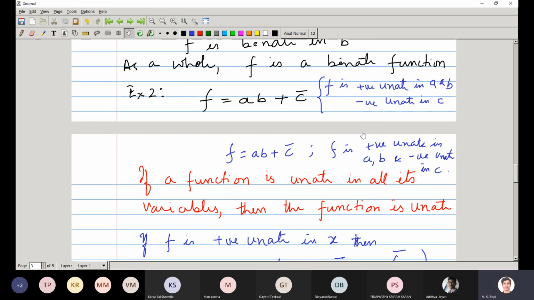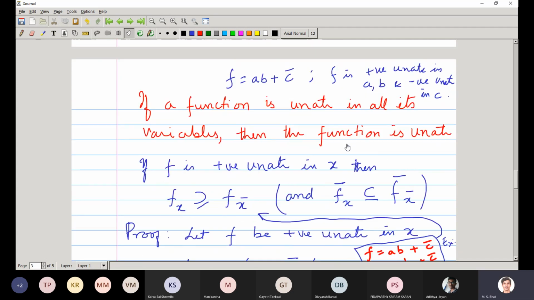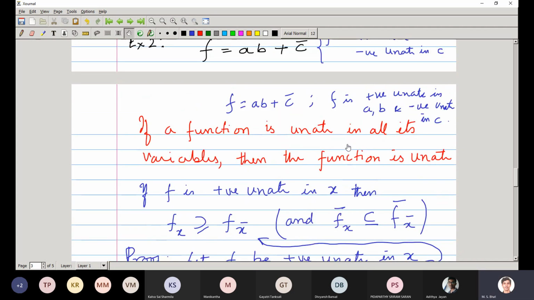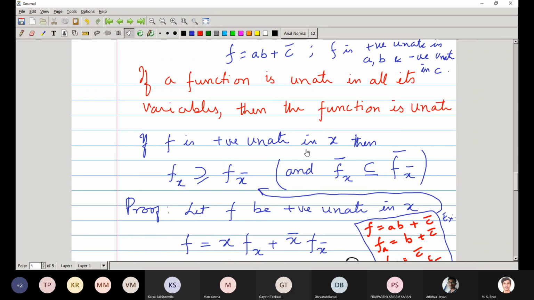Why do we need to look at this? One very quick thing is, if the function is unate, let us assume that it is positive unate in some variable, then fx contains fx bar, right? Are you with me?